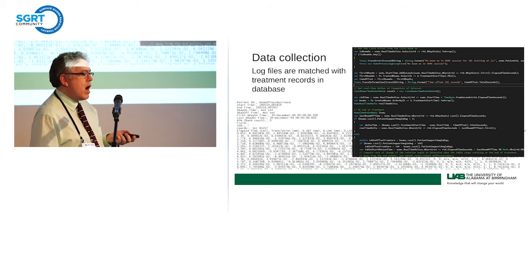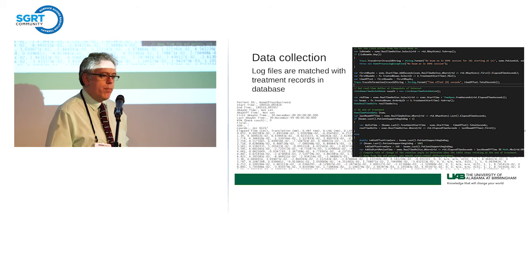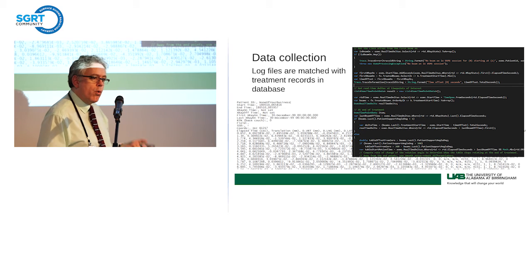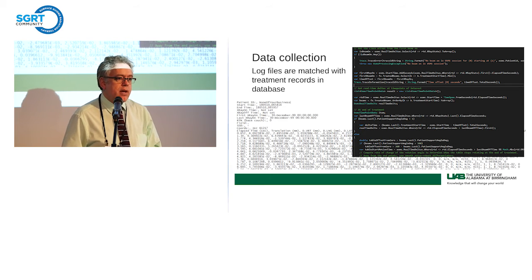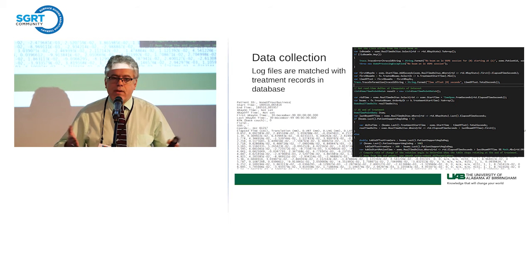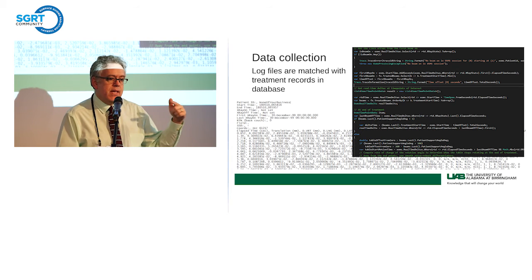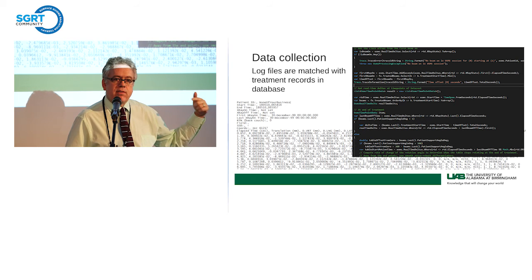So after there was a software update, we stopped gathering those individual Word reports. Instead, we used that real-time delta file, and we have some in-house software that pulls those reports and correlates them with beams and ARIA. It does some sanity checks, like making sure that the whole fraction fits inside the time span recorded by the report, and then it looks for the timestamp of each beam on and matches that up with the real-time delta log file, so it captures the real-time deltas for us at each beam on.